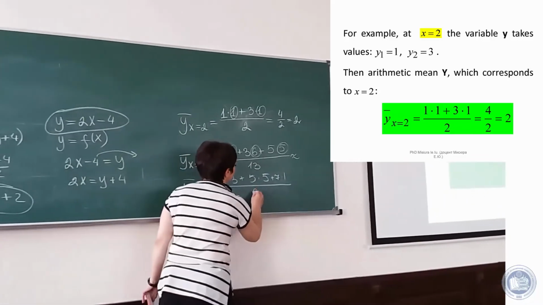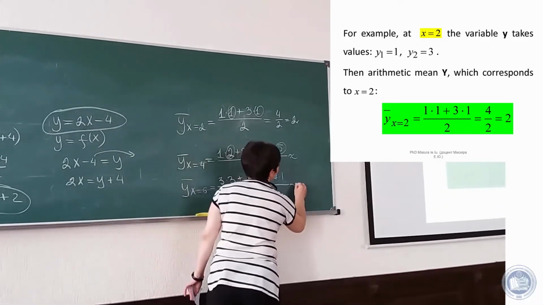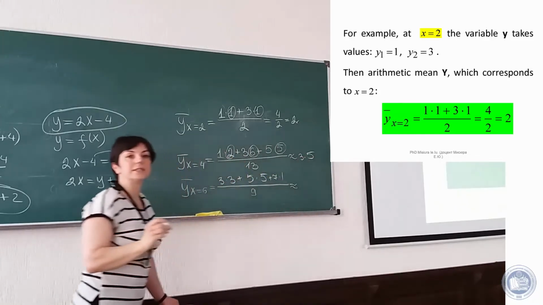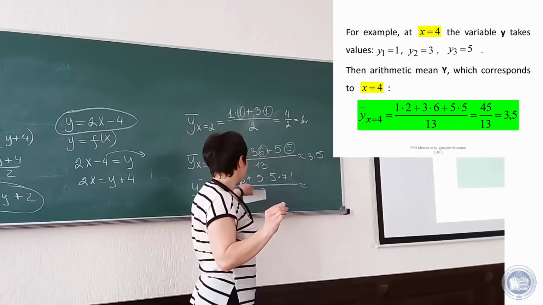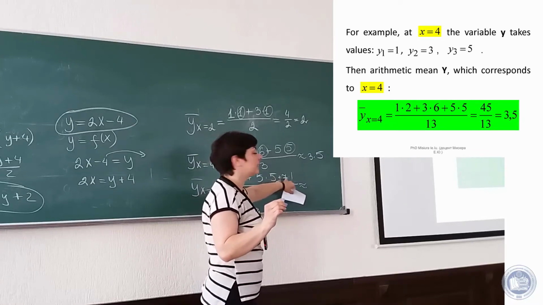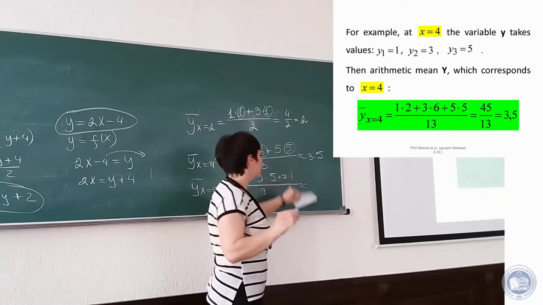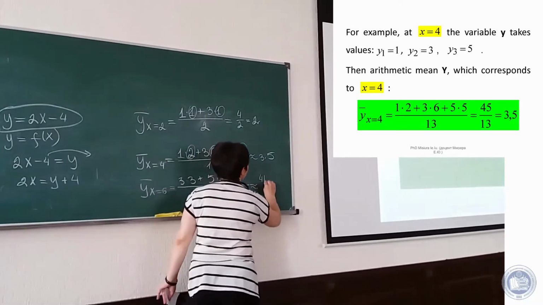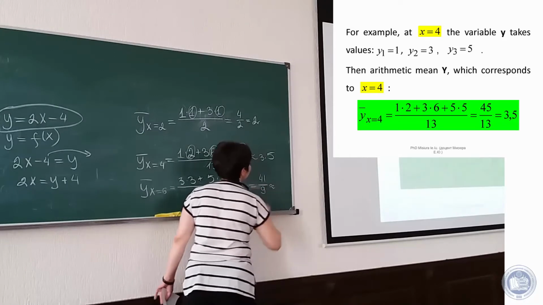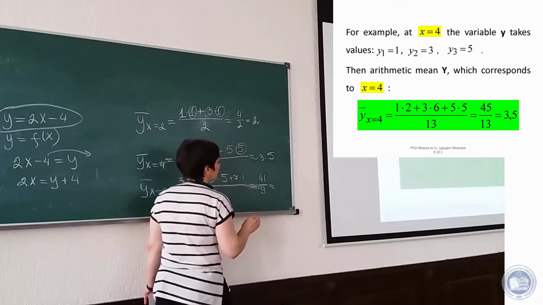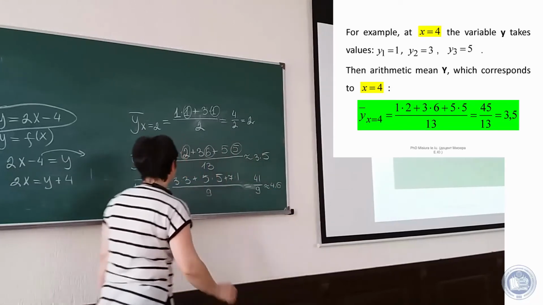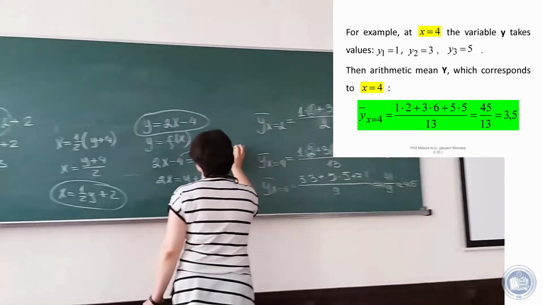It will be 9, okay. This result will be 9 plus 25 plus 7, 41. 41 divided by 9 approximately equals 4.6. Okay. Let's continue.